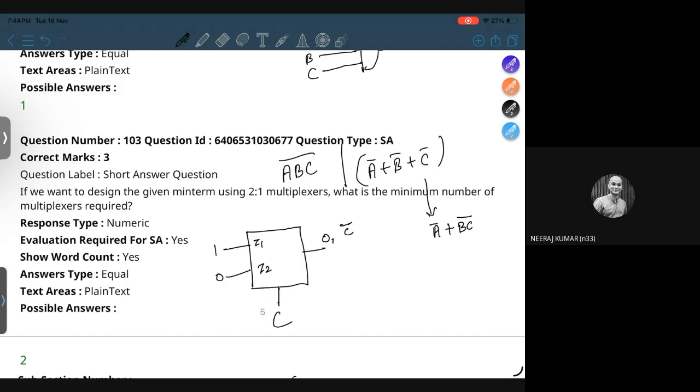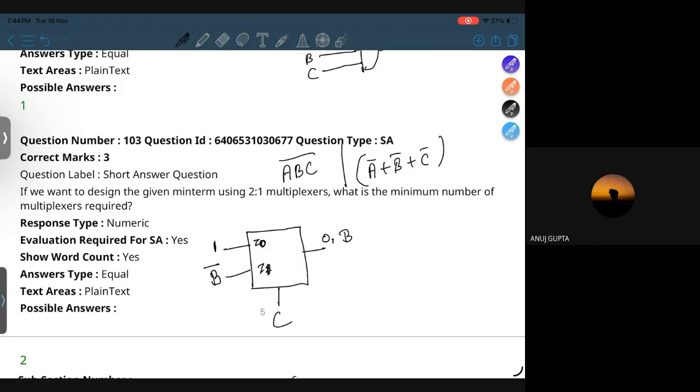Instead of 0, if you pass B naught in the first multiplexer, with 1 on I0 and B naught, you will get B naught plus C naught as output.